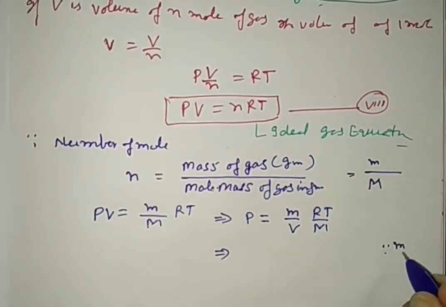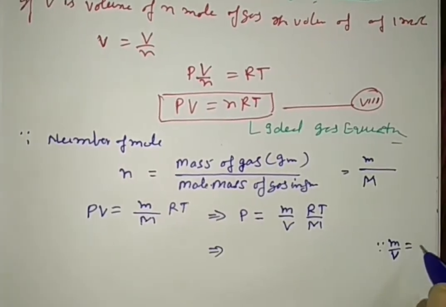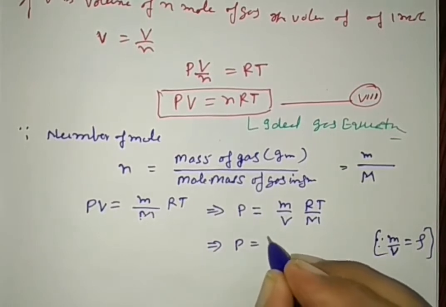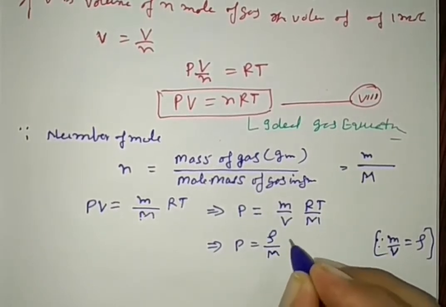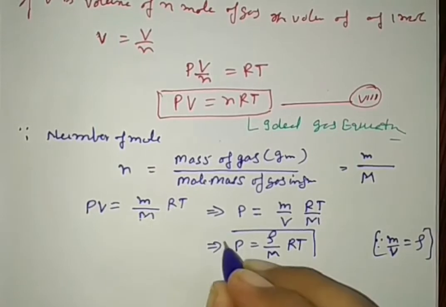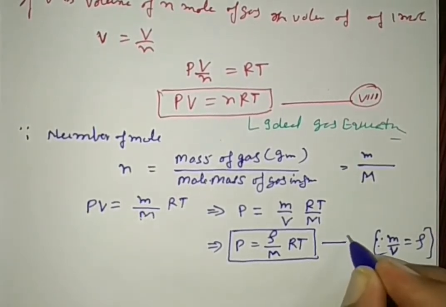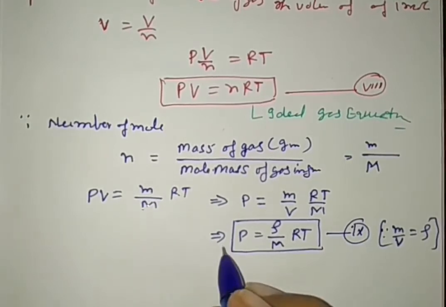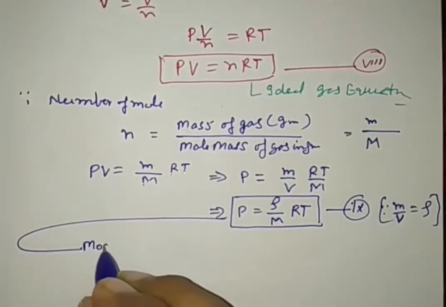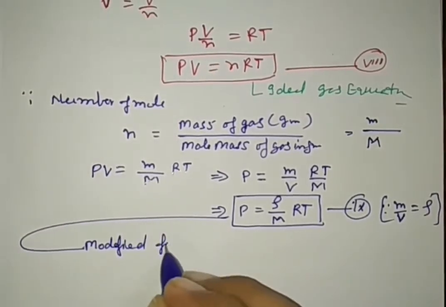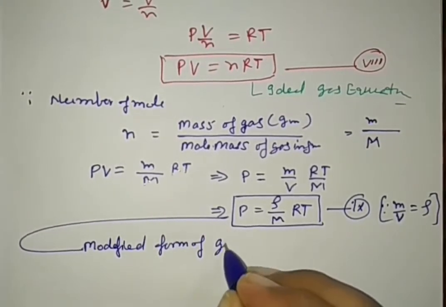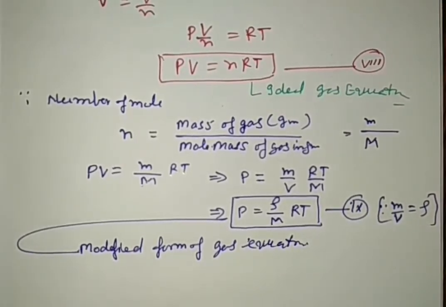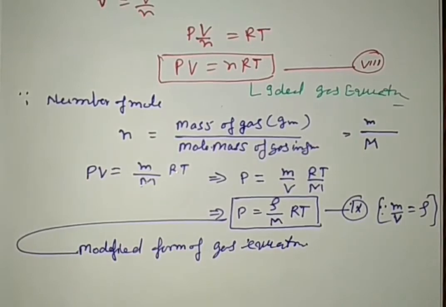Since m by V, mass by volume, is known as the density, P can be written as density by capital M RT. It is one more form of the ideal gas equation, also called the modified form of the ideal gas equation. See carefully this equation 9.